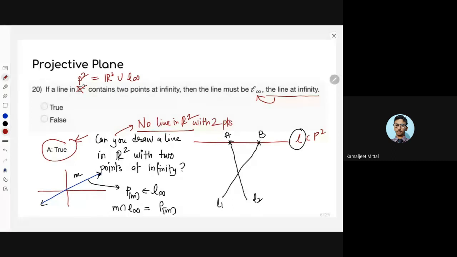That means if I'm talking about any line in P2 which has 2 points at infinity, then that line has to be L infinity. Is it clear to everyone?